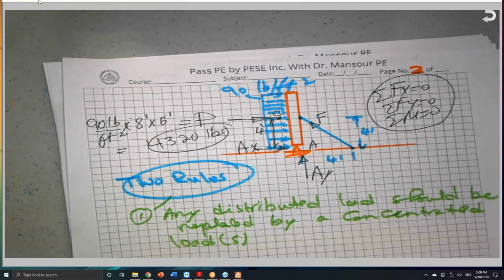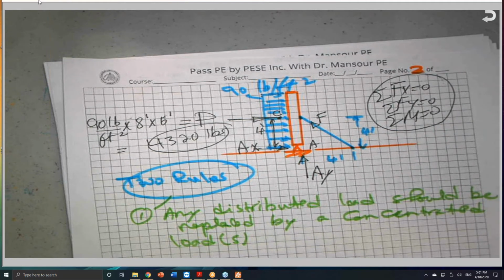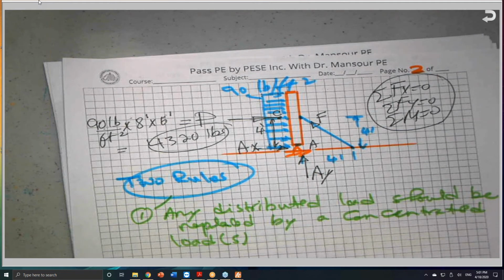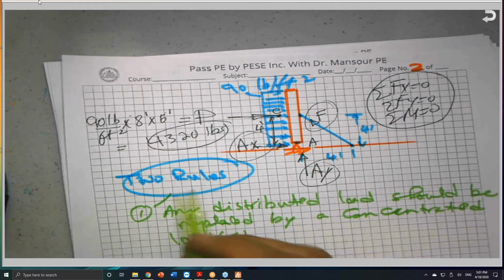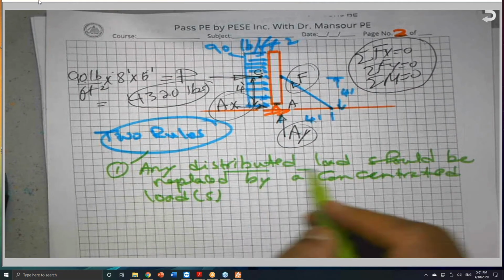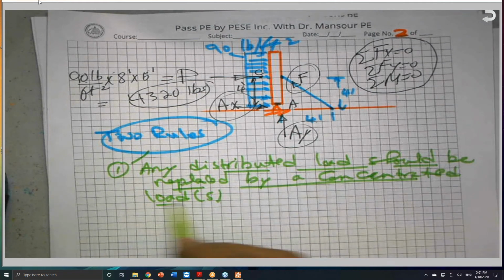So the moment equation, which is the last equation here, is very powerful, because I can sum moment about A. I will cancel A sub y and A sub x. The only unknown left is F. And I mentioned that there are two rules. We said that any distributed load should be replaced or substituted by a concentrated load or loads.